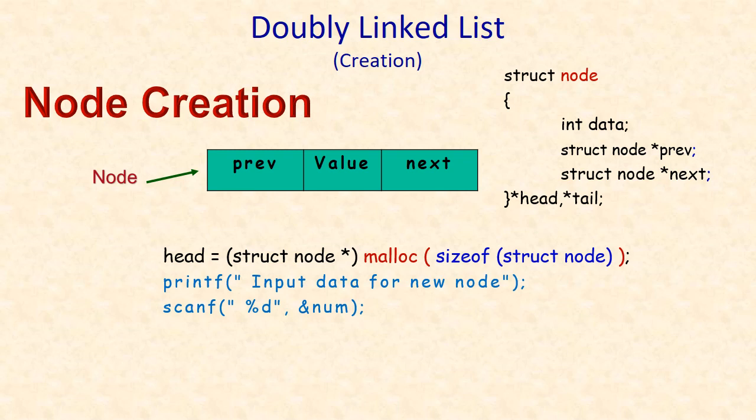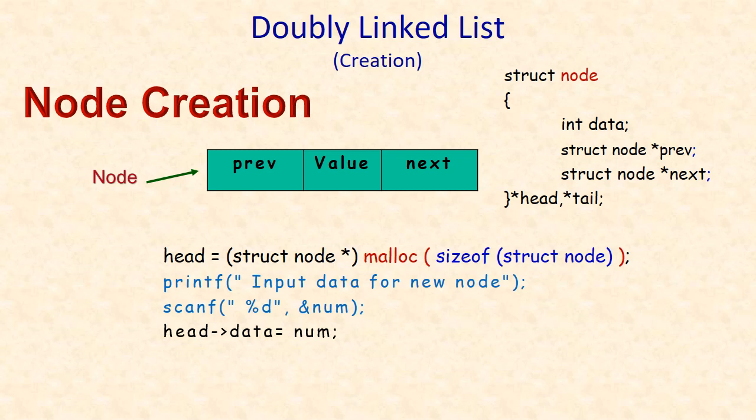For the first node, let us say I am taking a value into the variable num. After taking the value, I will assign that value to head data, because data is a member of this node. Head data holds the data part of that head node.